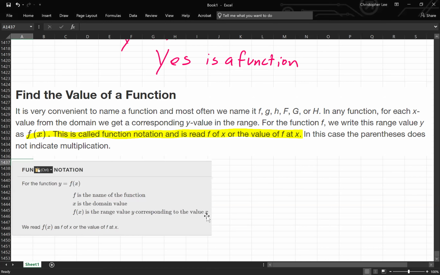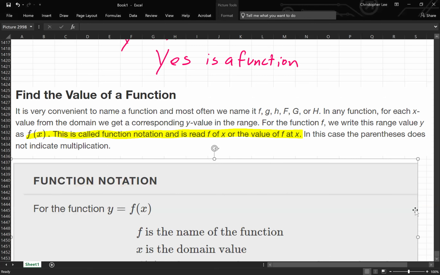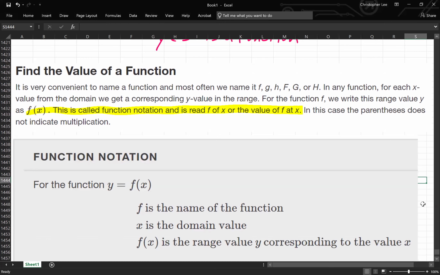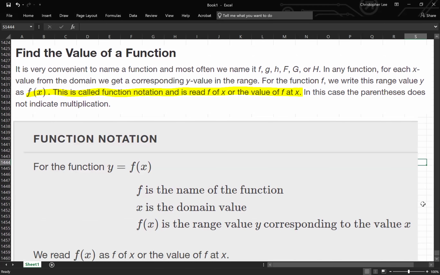Let's talk about function notation. So for a function y equals f of x, f is the name of the function, x is the domain value, the number that you're going to plug into the equation. f of x is the range value of y corresponding to the value of x.